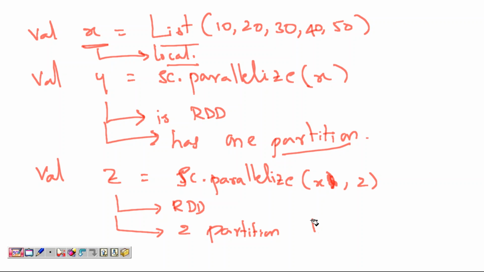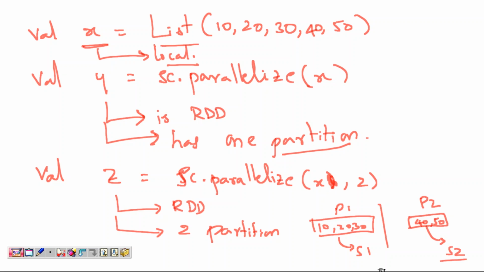Suppose the first partition, partition 1 and partition 2. Partition 1 may have 10, 20, 30. Partition 2 may have 40 and 50. During execution, this will be available in system 1 and this can be available in system 2. When I run some process, these two systems will be executing in parallel. The advantage of multiple partitions is that we can achieve parallelism.